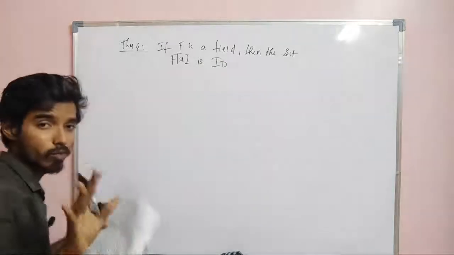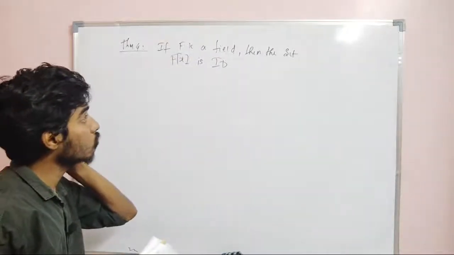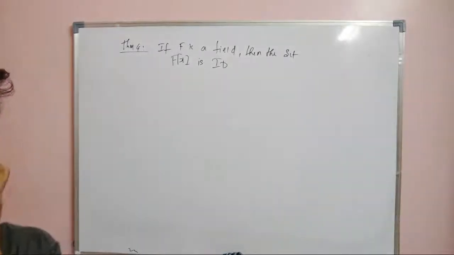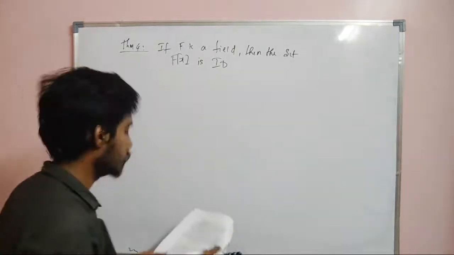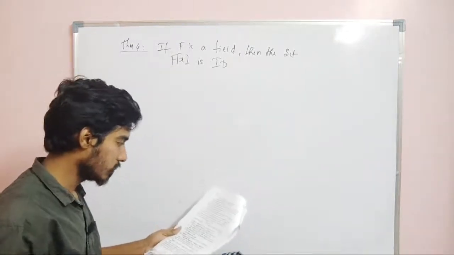It will be an integral domain alone, it will not be a field, right? If F is a field, that is, the coefficients are from a field, this will be an integral domain alone. You can just verify, it is a two-line proof. It naturally follows from previous theorems.